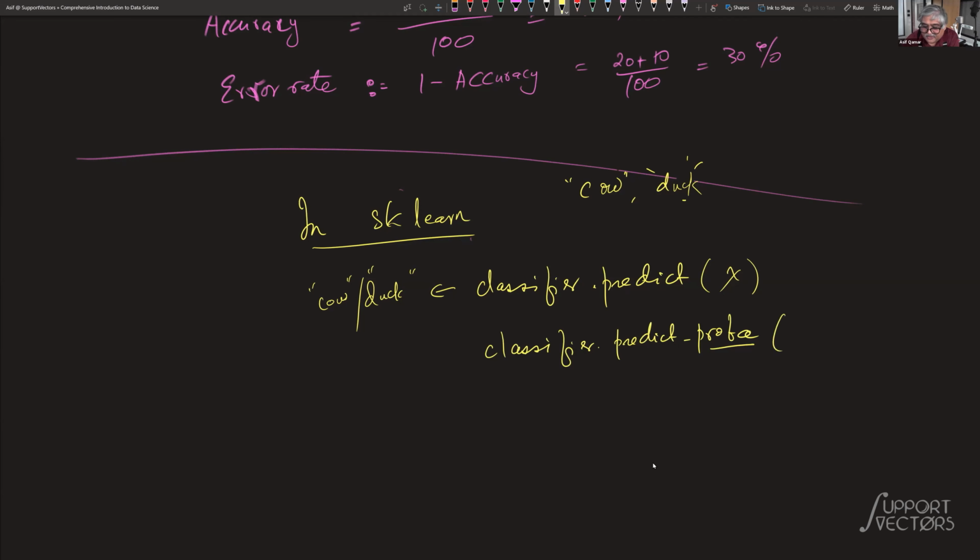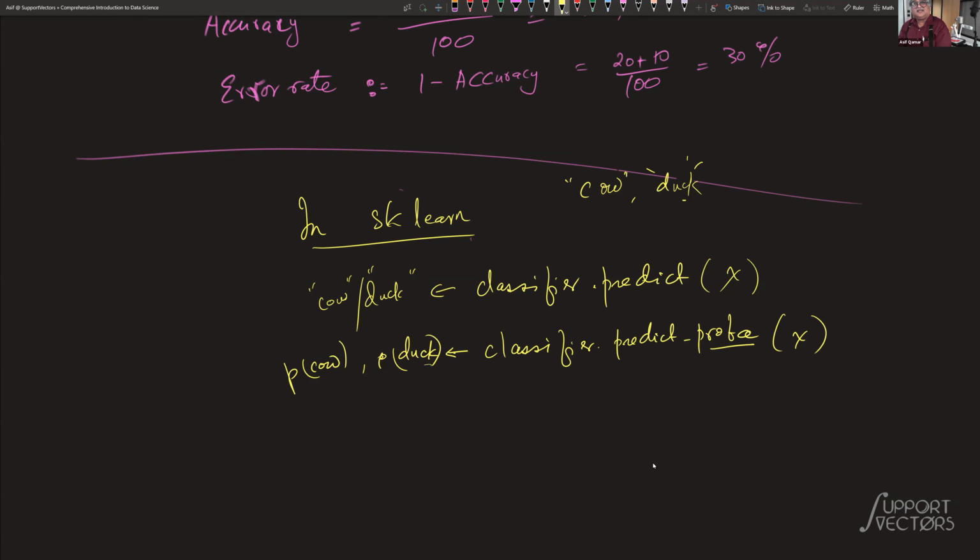So what it will give you is the probability that it's a cow and the probability that it's a duck. Of course, because the two add up to 1, you don't need both the columns. You can just be happy with one column.